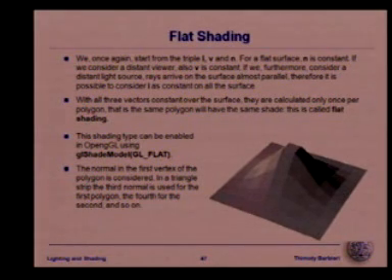If you pass these three arrays and you activate any of the three shade models, OpenGL will shade the mesh for you. If you activate the GL_FLAT shade model, this is what you get. Every polygon has the same shade. This is fast, it's good for a preview, but it's not realistic and it's not accurate.